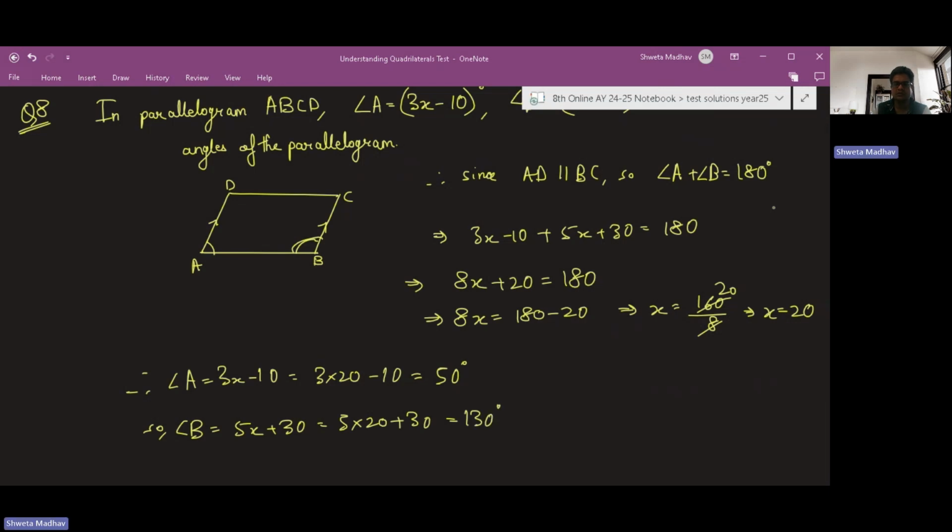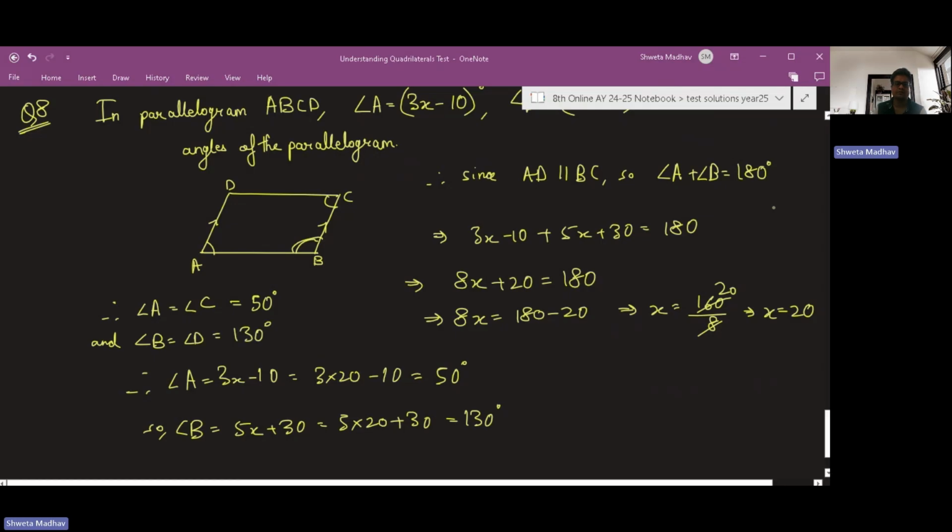Similarly, as we know, the opposite angles in a parallelogram are also equal. So angle A will be equal to angle C, which is 50 degrees, and angle B will be equal to angle D, which is 130 degrees.